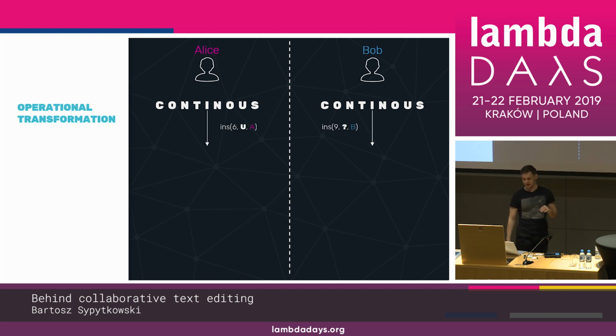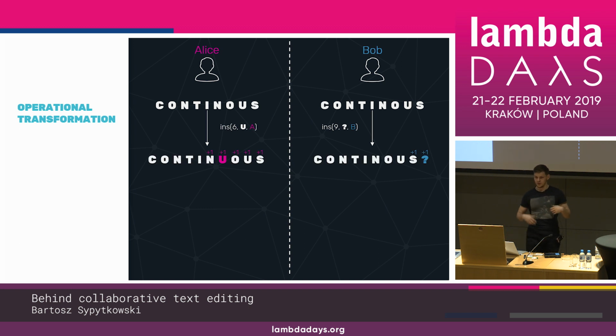Alice and Bob are actually making the commits. This is specific to operational transformations: they are also using their own IDs. In the case of Alice, it's A. In the case of Bob, it's B. To send those operations over the network. When they apply those changes locally, they also remember something we could call a transformation.